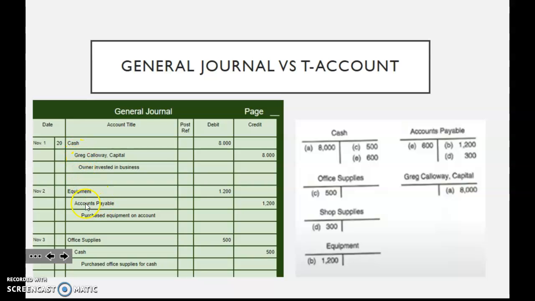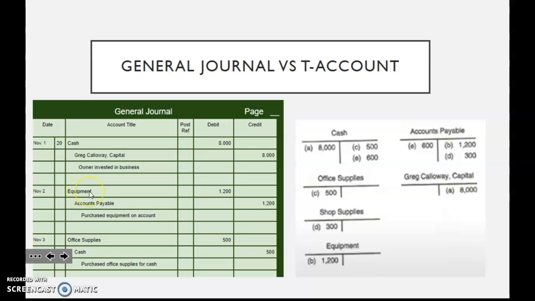Now the second one was, let's find it here. We debited equipment and we credited accounts payable. So we purchased equipment on account. So we would debit equipment.